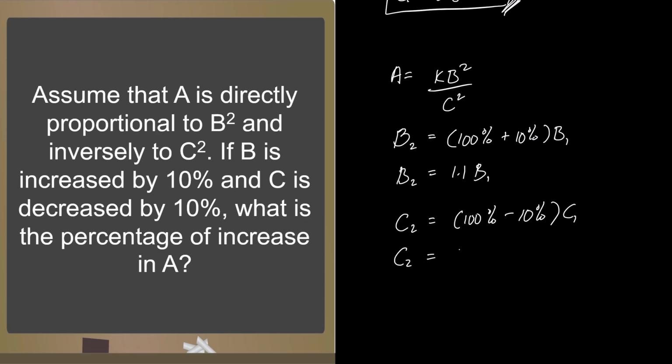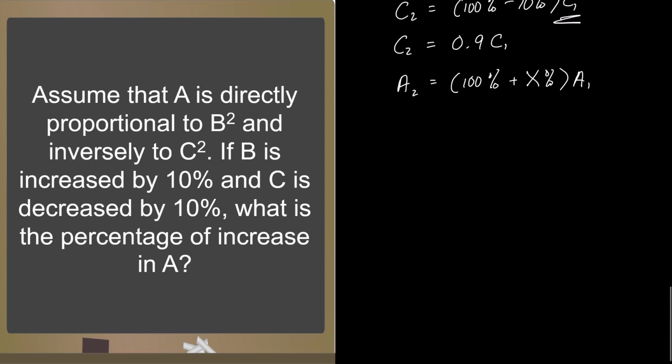The problem is asking us to find the percentage of increase in A given the changes in B1 and C1. So how do we express that? We can write A2 is equal to 100% plus X% times A1. So how do we find that X%? Obviously, we can express A1 as K times B1 squared over C1 squared.